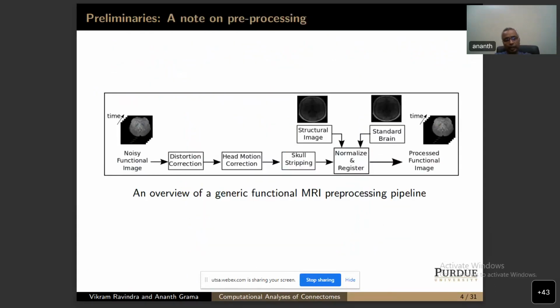Right. So before we do any analysis, as you may imagine, you have to do a whole bunch of pre-processing to your images before you can get to a clean data structure that I mentioned. So the way you think about an MRI, of course, it's 3D plus time. So we're getting 3D images in time, roughly at about 1 second interval.